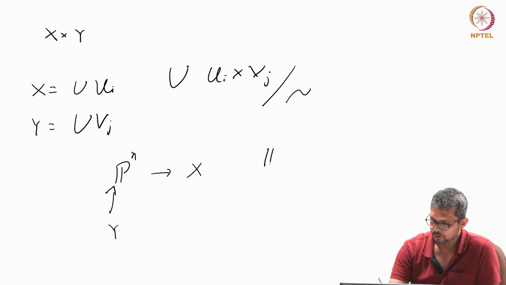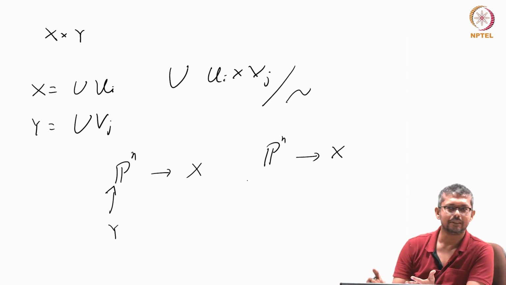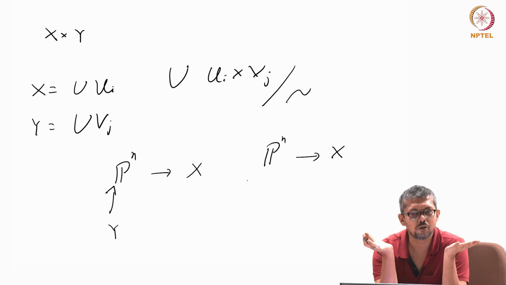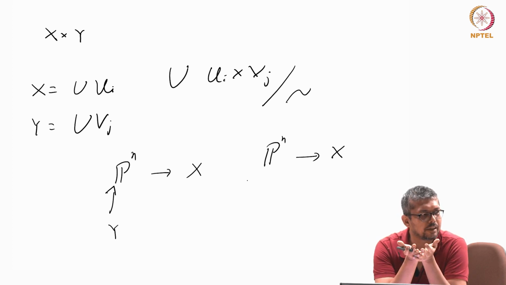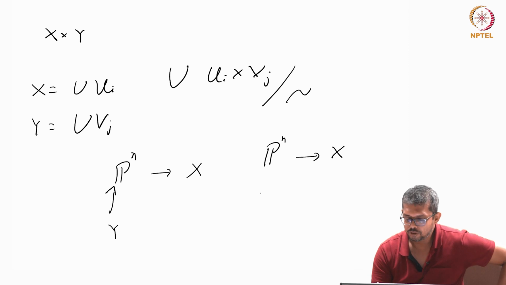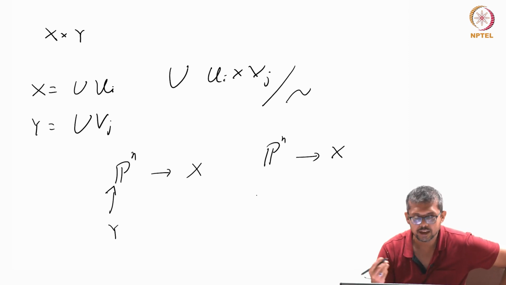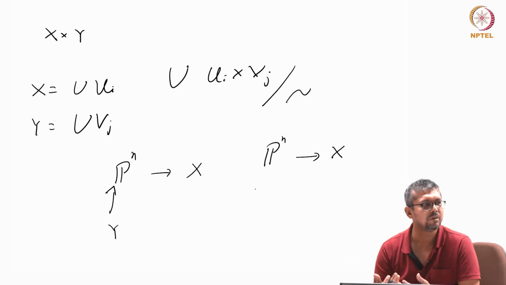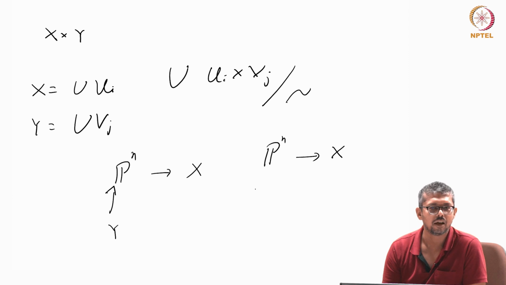Whenever you have a map from P^n to X, there is no global map, because global functions on projective space are constant. That was done in the last class. In the case of affine it was easy because after all it's given by some polynomial. But here there are no global functions.